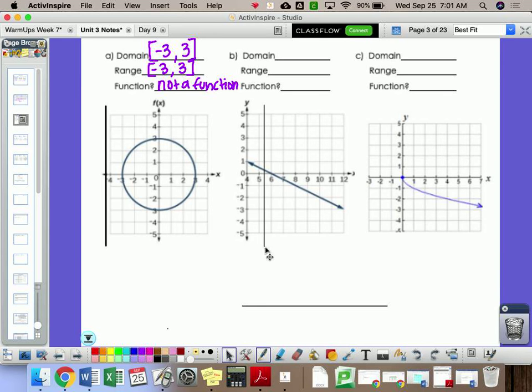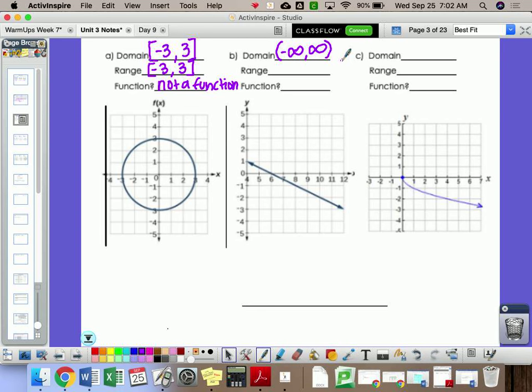So no matter where I drag this line, this graph is going to continue to go, and I would always be touching it. Even though I can't see that, it continues to go. So that means that this graph goes from -infinity to +infinity. And I said on our definitions that whenever we have infinity, we are going to use parentheses.